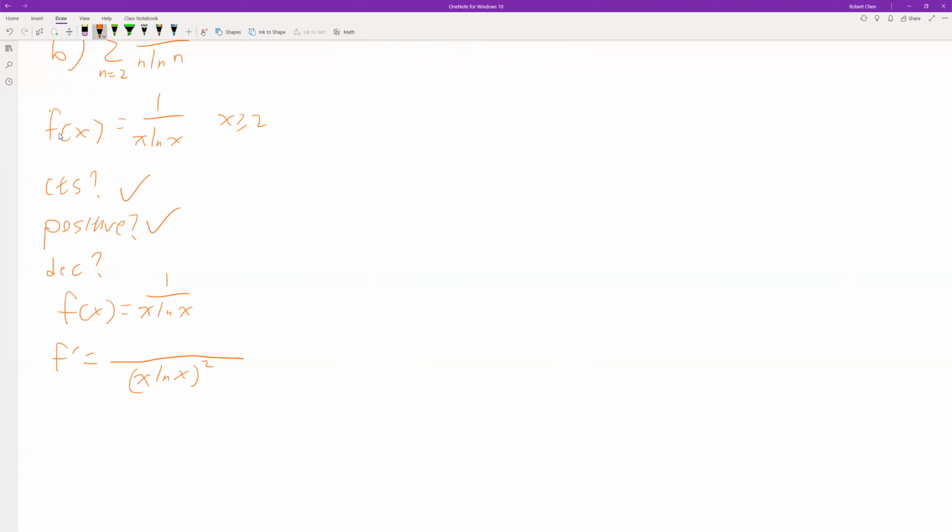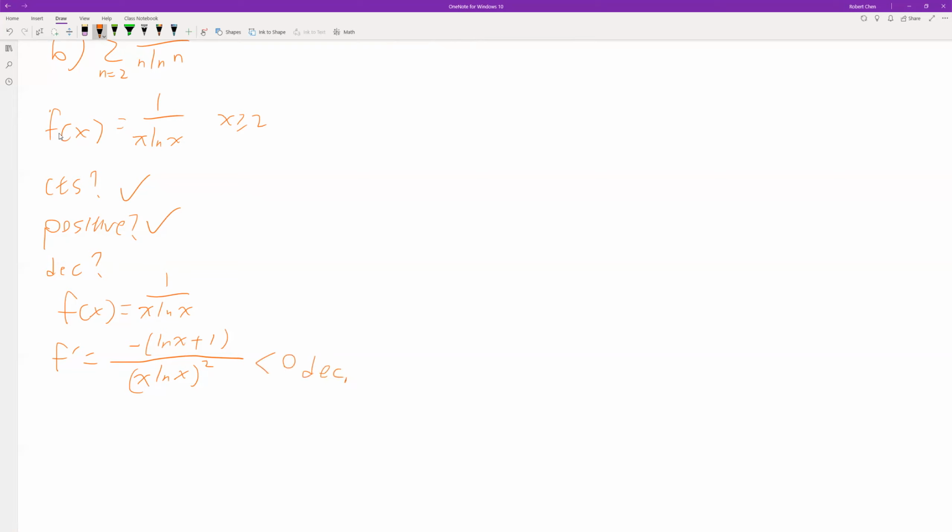I'm doing a quotient rule. So I have 0, so minus ln x plus x over x, so 1. So this thing in the parentheses is always going to be positive, so the whole thing will be negative. That means it's decreasing.